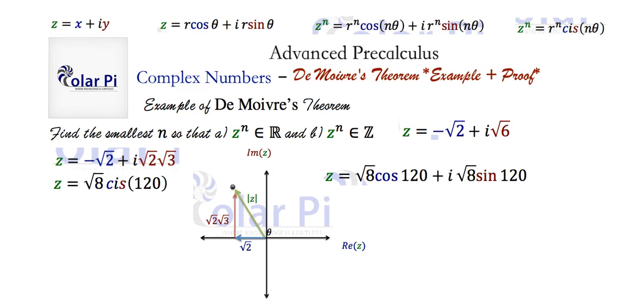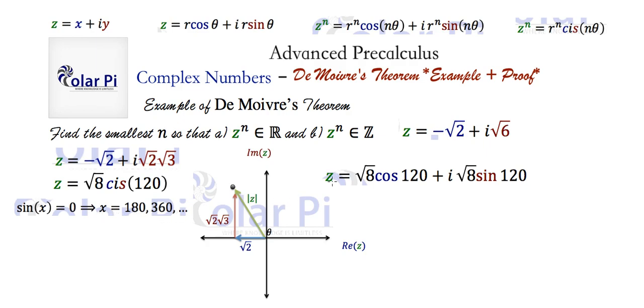So we know what the result should be when we raise z to an n power, where n is again an integer. What we need to figure out is how we could choose n so that the imaginary part is 0. Now recall that sine of an angle is equal to 0 when that angle is 180, 360, and so on.